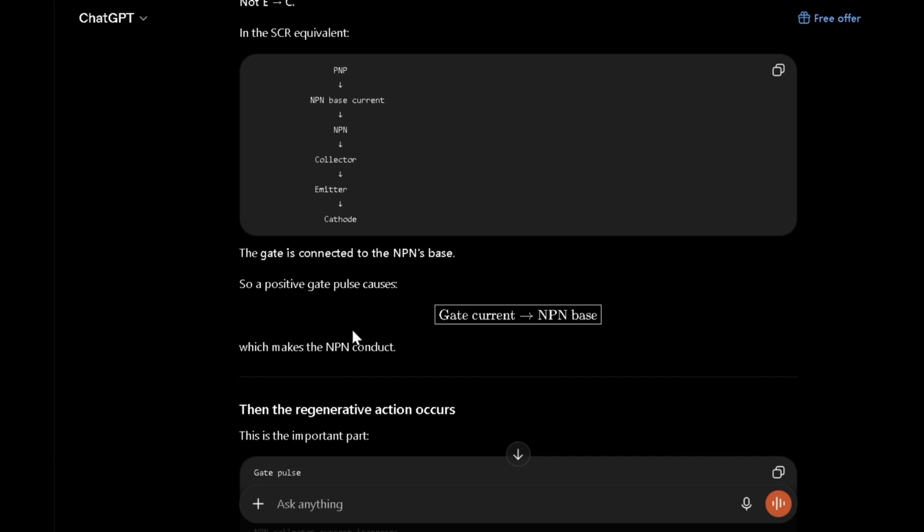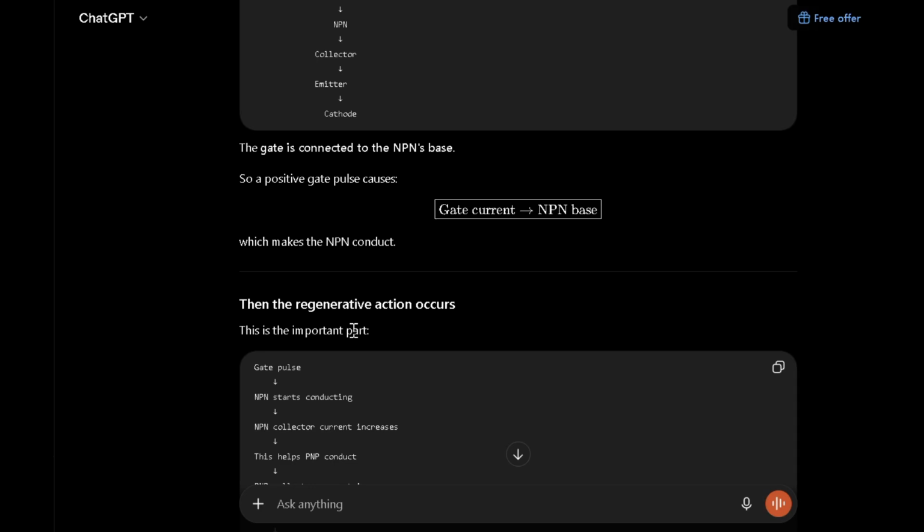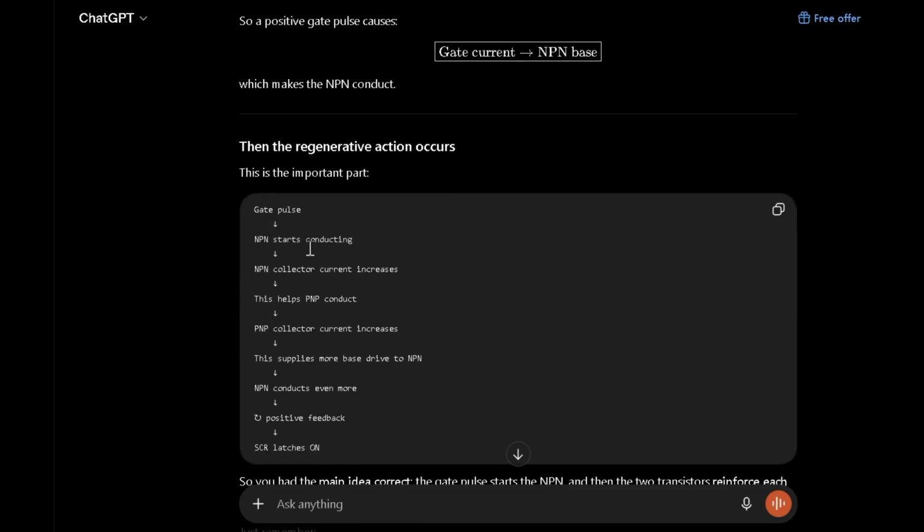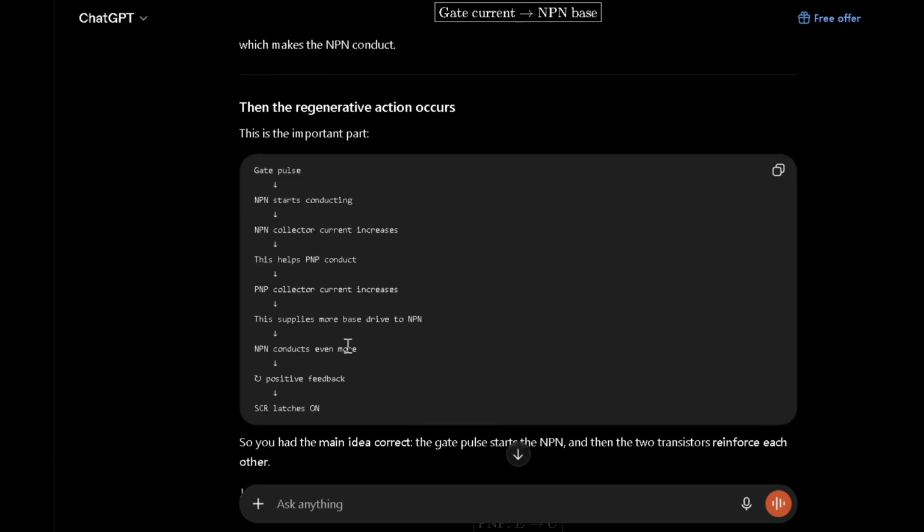This is the important one. The gate feeds the NPN, which helps the PNP conduct. This supplies more drive to the NPN. That's the distinction.